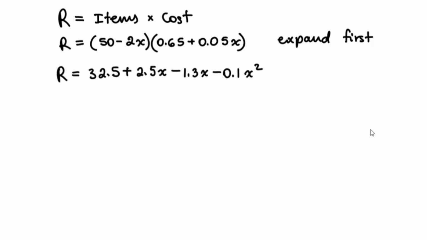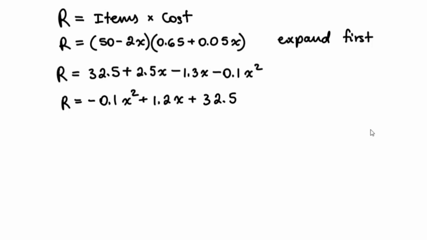So here's what we're going to get, and then we collect like terms and rearrange in descending order. Negative 0.1x squared plus 1.2x plus 32.5. So this is what we are getting if we expand this equation.